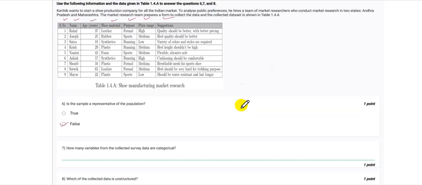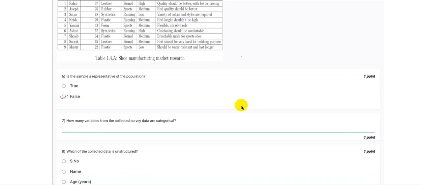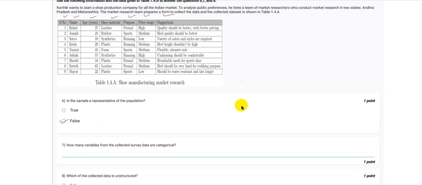Next question. How many variables from the collected survey data are categorical? Here serial number cannot be a variable, name is a categorical variable, age is a numerical variable as there are numbers, shoe material is also a categorical variable, purpose is also a categorical variable, price range is also a categorical variable.